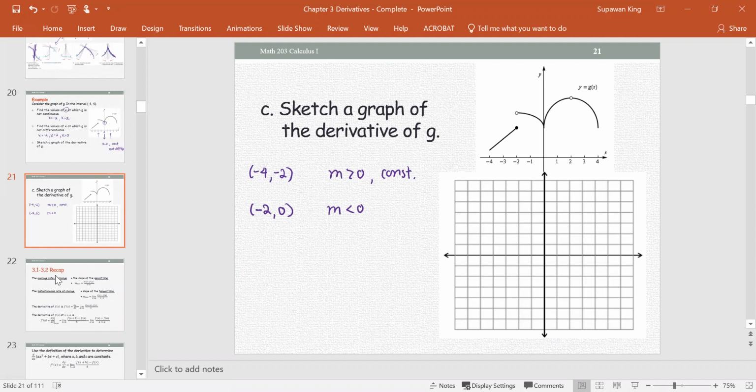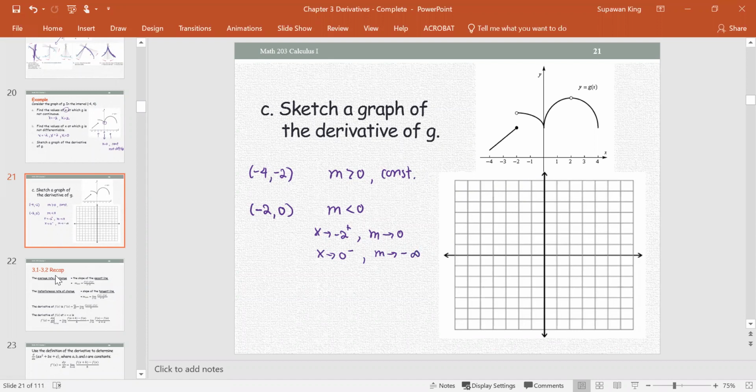But as x approaches -2 from the right, the slope m approaches 0. As x approaches 0 from the left, m is negative and very steep down, so it's going to be negative infinity.